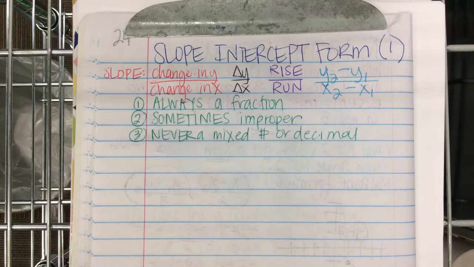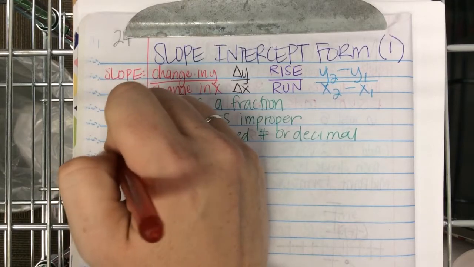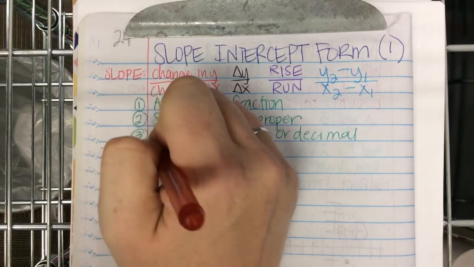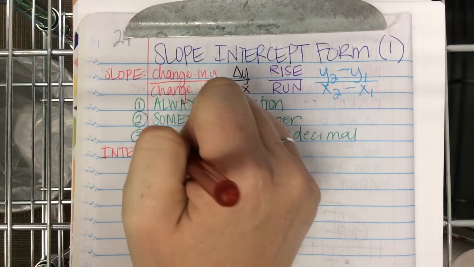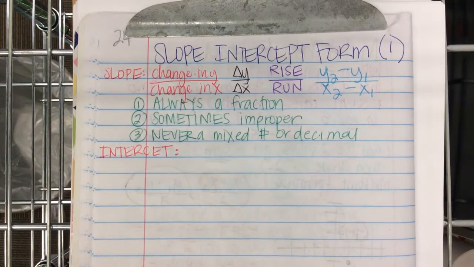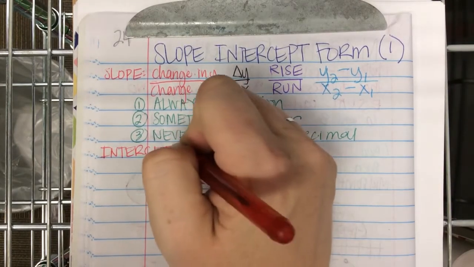Now we have a new vocabulary term. Intercept. Remember we talked about this? Mathematicians are not creative people. Man, my spelling is awesome today.